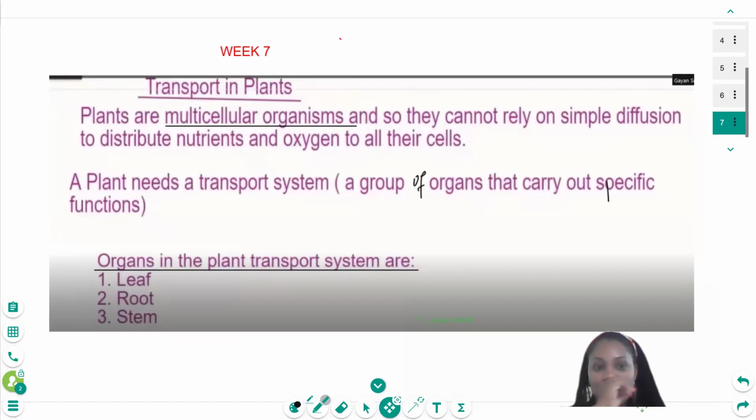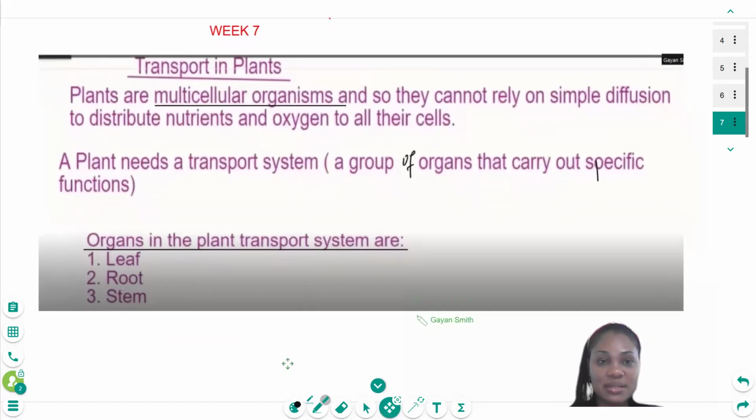They have the leaves, the roots, and the stem for the transport system of a plant.